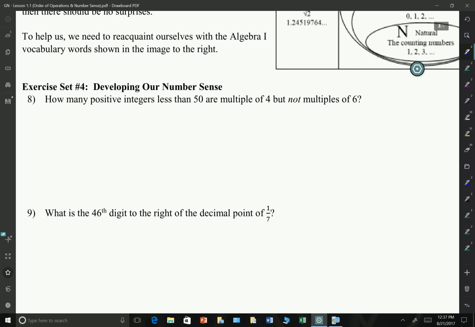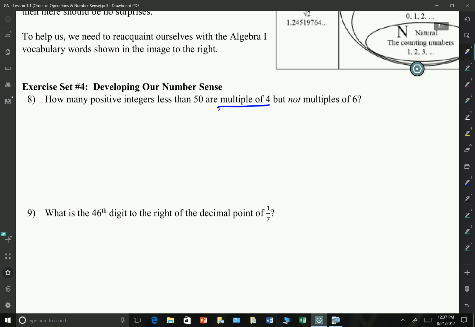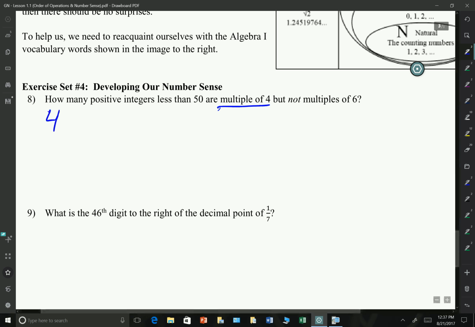Because the first part says they need to be multiples of 4. You have to ask yourself, what are the multiples of 4? I'll give you a hint. It starts at 4. 8.